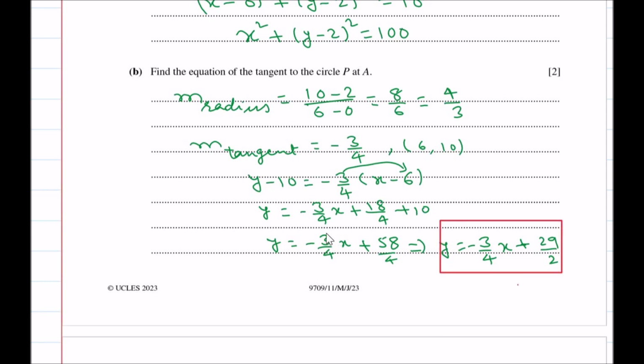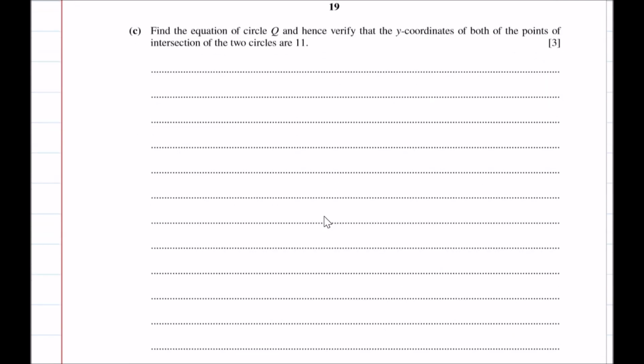Now part, it says find the equation of circle Q and hence verify that the y coordinates of both of the points of the intersection of the two circles are 11.